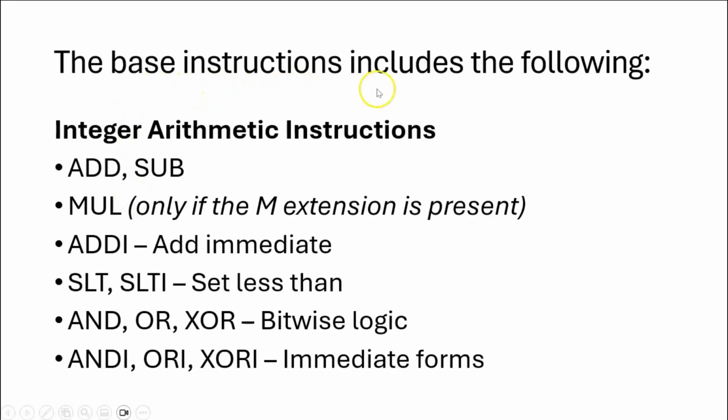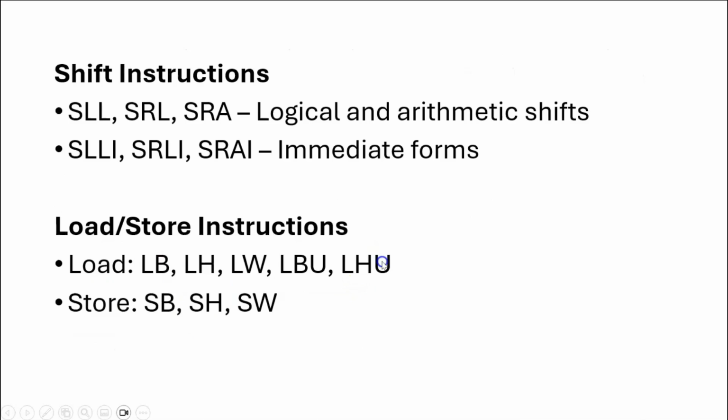The base instruction set includes the following: the integer arithmetic instructions, which include add, subtract, ADDI, that's add immediate, and so on. Next come the shift instructions, followed by load/store instructions. I'm not going to go through these instructions now, but I'm just pointing them out to you.